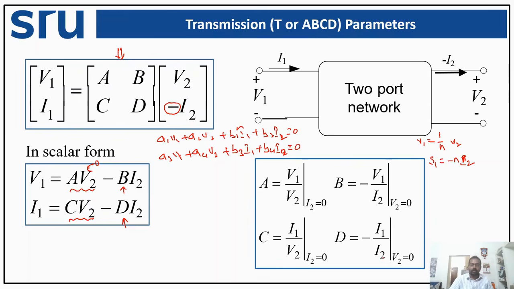So how do you name these parameters? This is the open circuit voltage gain, and this will be my short circuit current gain.